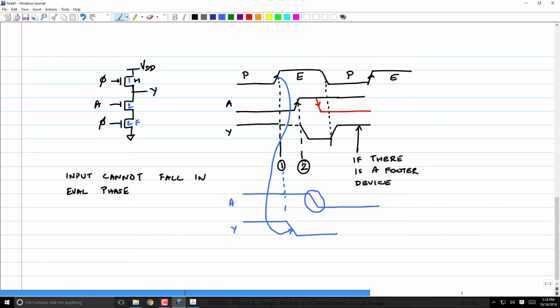Evaluate phase is the only place where logic evaluation happens. So first question before we even go ahead and evaluate logical effort: what is the pull-up logical effort of the circuit? It's an irrelevant question because in the pre-charge phase the output has been pulled high already.